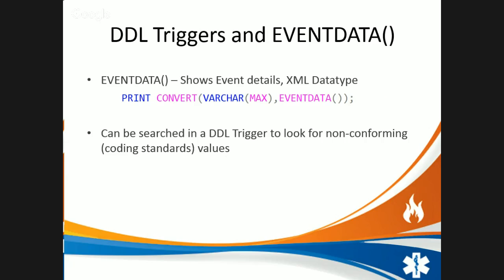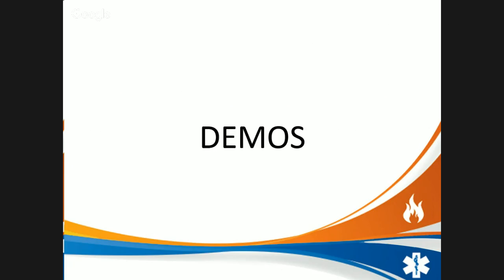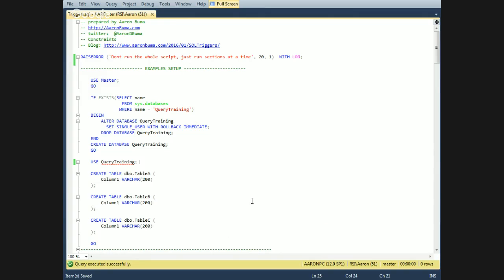It's an XML data type. We'll see what the data is later on in the demos, but you can use it to see if people are using an older naming convention and stop them from creating a table, or maybe limit the users. Or all right, on to demos.